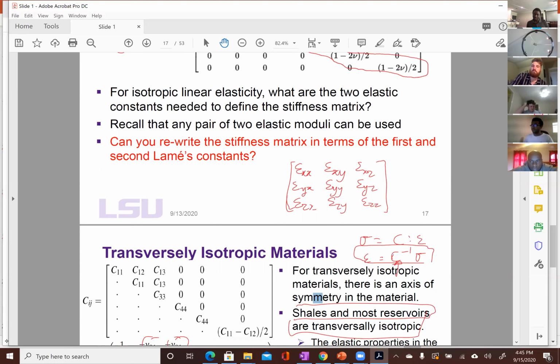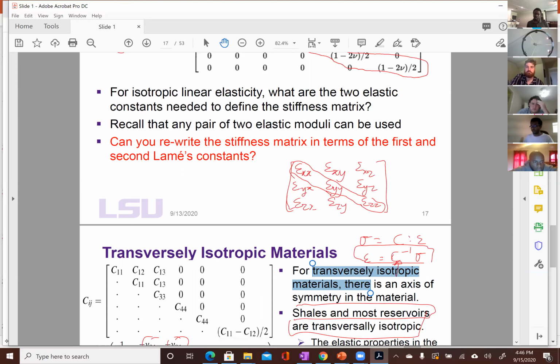Later we'll talk about the trace. I think I have it actually, now that I think about it, it's one of these slides. The trace of a matrix is the sum of these 3 values. And what is that? What's the sum of these 3 called? Volumetric strain.